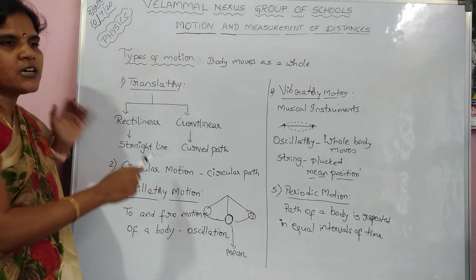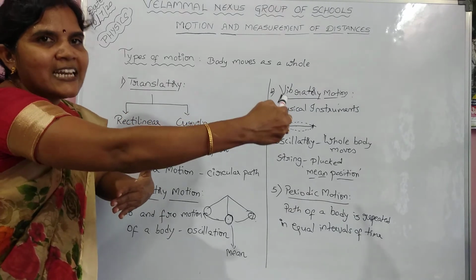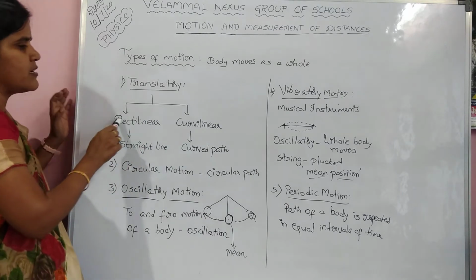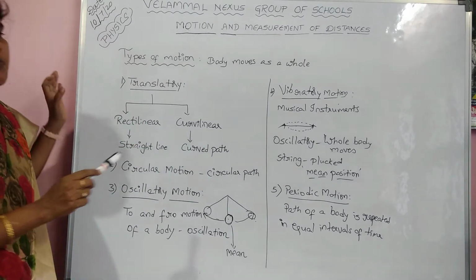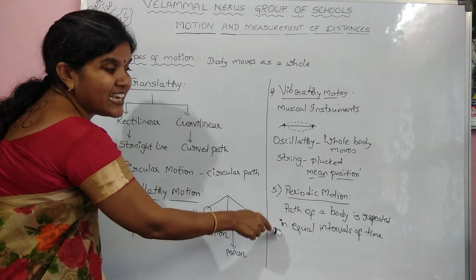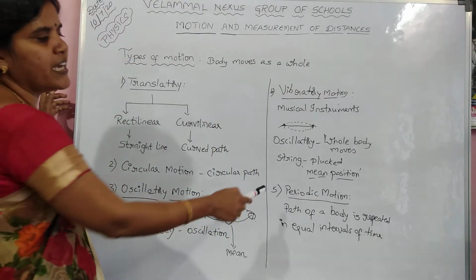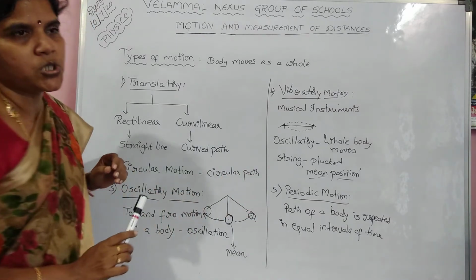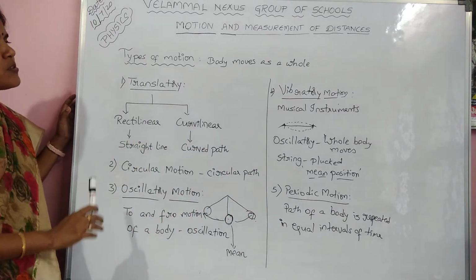If a body moves in a straight line and repeats the same path in equal intervals of time, then it is also periodic motion. That means in periodic motion, the path should be repeated in equal intervals of time. Then the body executes periodic motion.